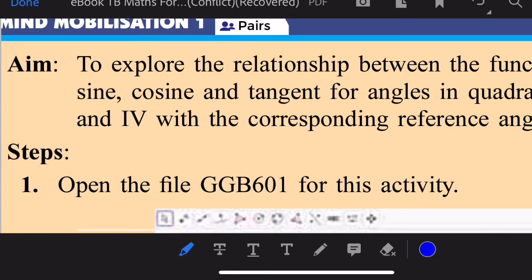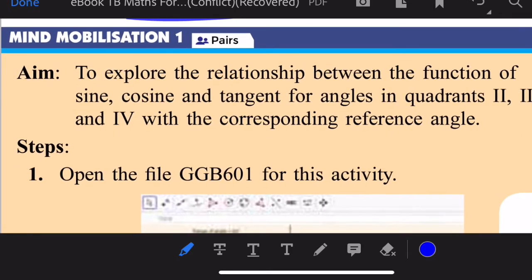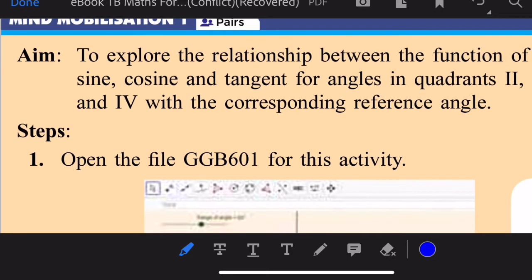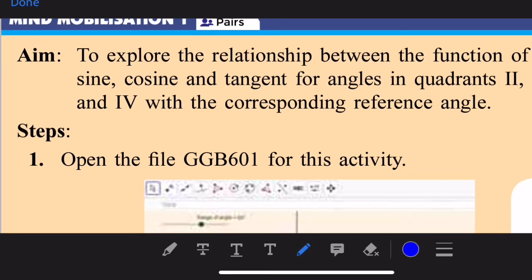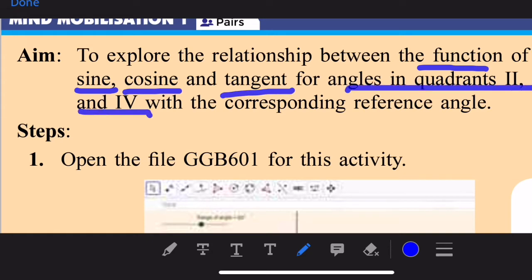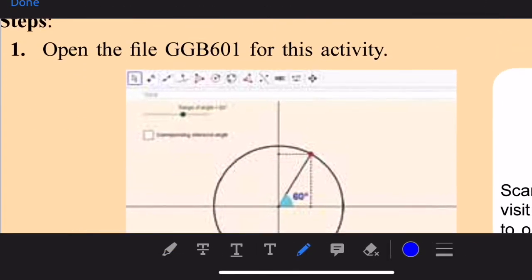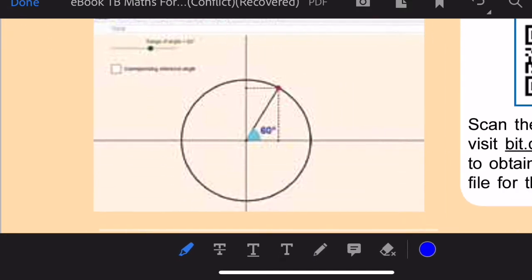Let's do the activity. Mobilization. To explore the relationship between the function of sine, cosine and tangent for angles in quadrant 2, 3, 4 with a corresponding reference angle, you need to open the file here in GeoGebra.